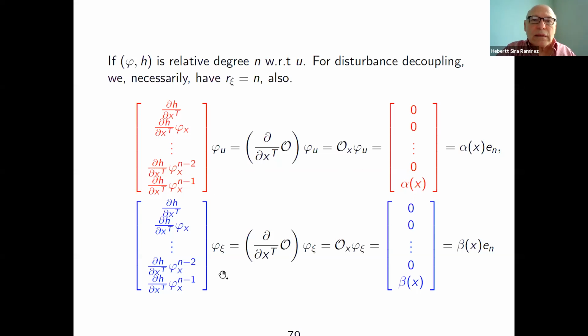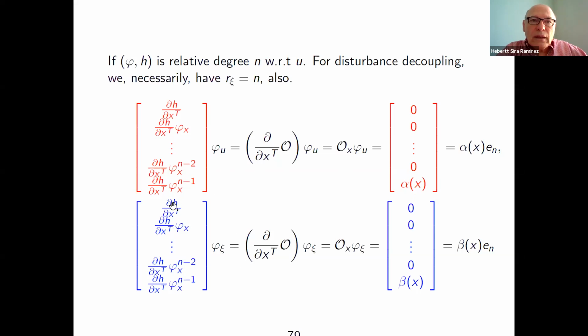And let's assume that the disturbance C is also relative degree n for that given output, for the same output that you are considering, the only output that the system has.